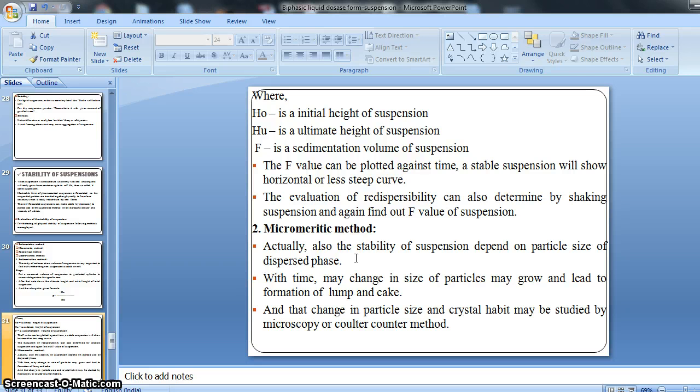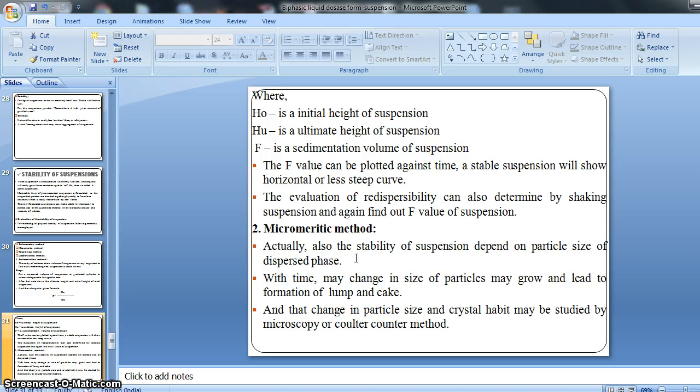And the change in particle size and crystal habit may be studied by microscopy or the counter method. The particle size change and crystal habit means the formation of crystals. Due to crystal formation, the formation of lump and cake occurs. So for studying these parameters, we can use microscopy or the counter method.